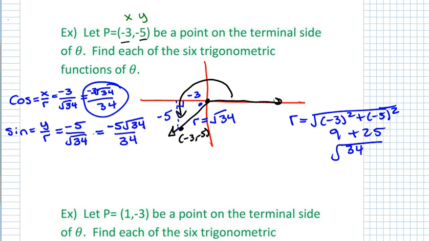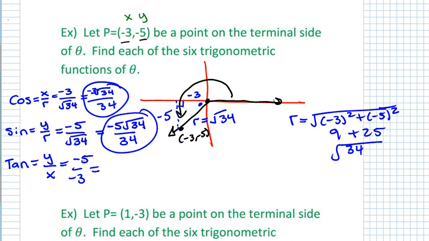Because remember, rationalizing, you multiply the top and bottom by the square root. The tangent, that's y over x, so that's negative 5 over negative 3, which simplifies, because negative over negative makes it positive 5/3.